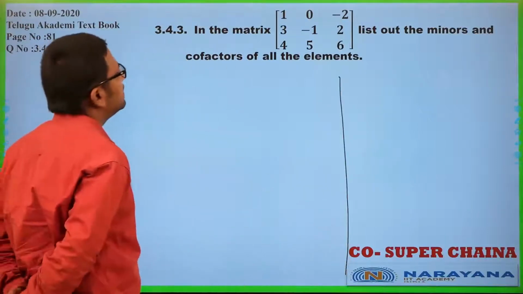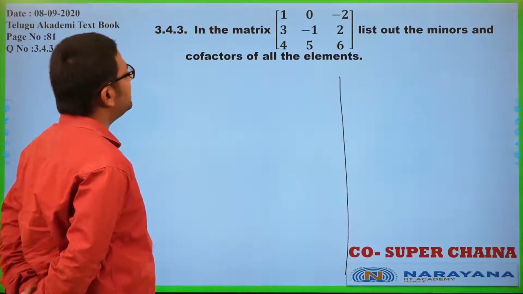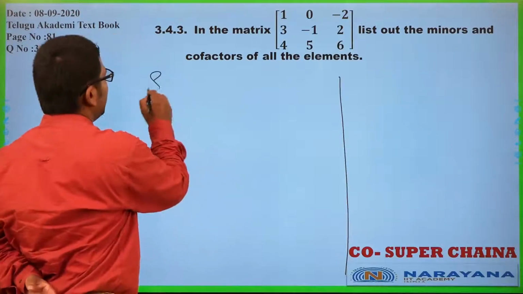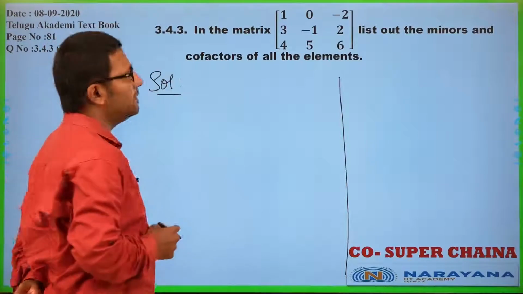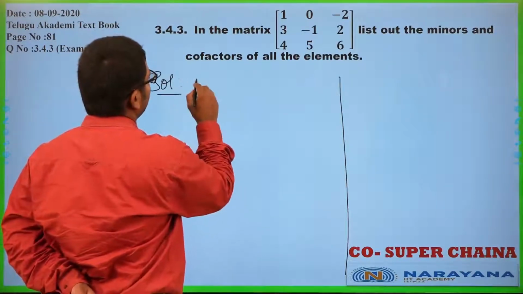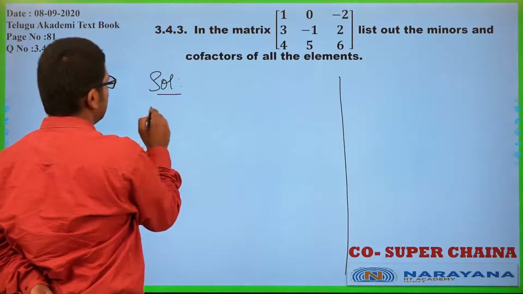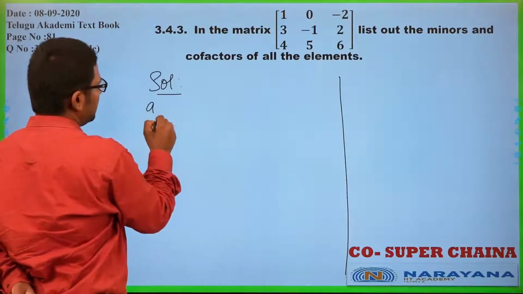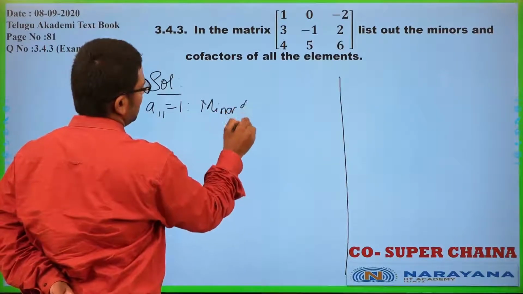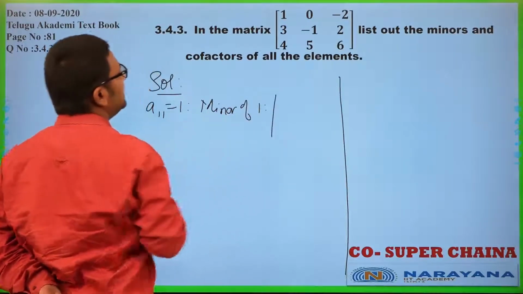In the given matrix, list out the minors and cofactors of all the elements. Let's do that. For element 1, let us start with A11 is 1, minor of 1 would be this determinant.